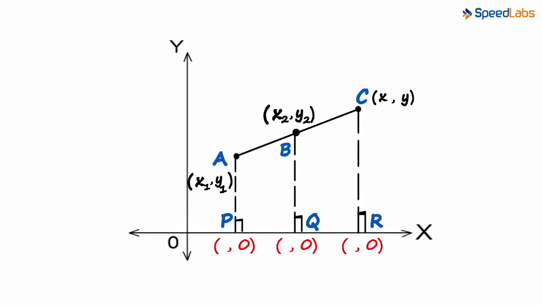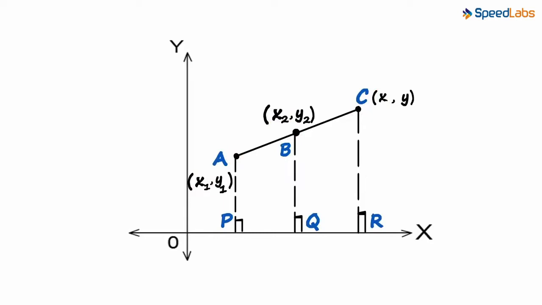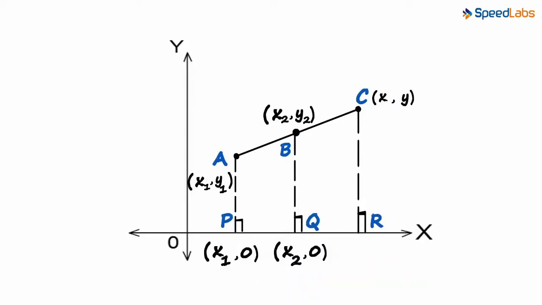And the x-coordinates of each point will be the same as the x-coordinates of points A, B and C respectively. The coordinates of point P will be x1, 0. Point Q will have coordinates x2, 0 and point R will have coordinates x, 0.